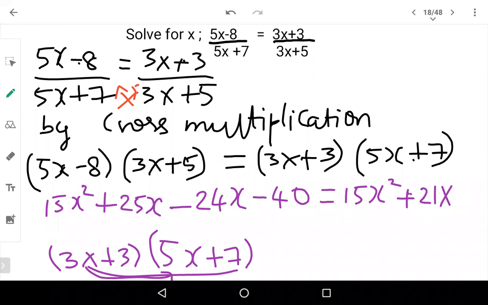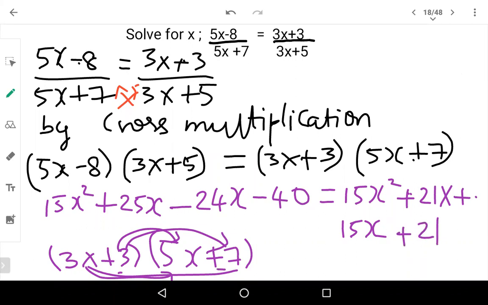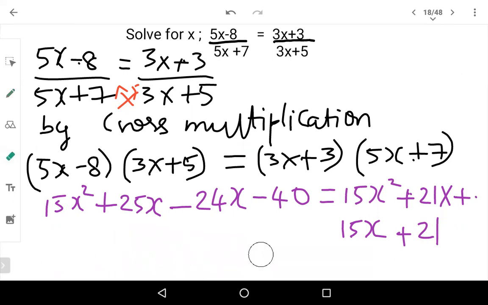Okay, 7 3s are 21, and then you have x. Then plus 3 into 5x will give you plus 15x. This is not only 5. Then again 3 7s are plus 21 because both are plus here. Okay. So this is what we have got after multiplication.